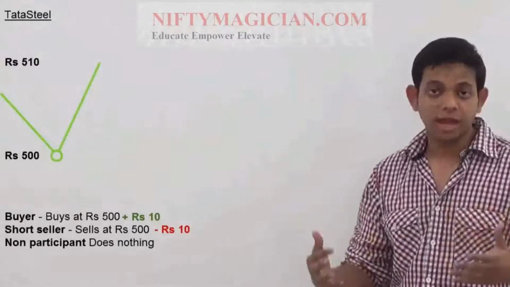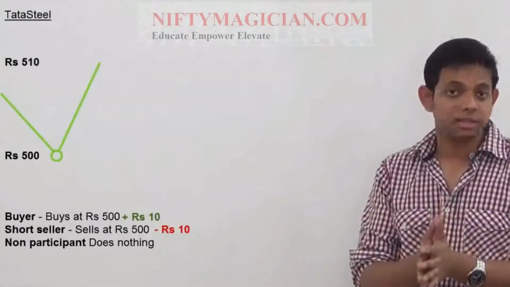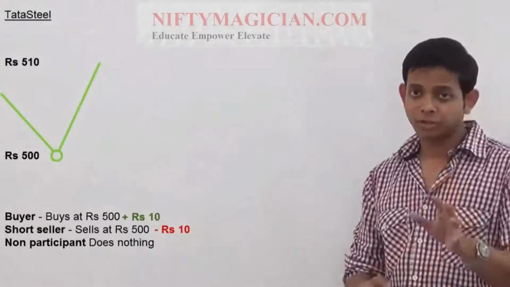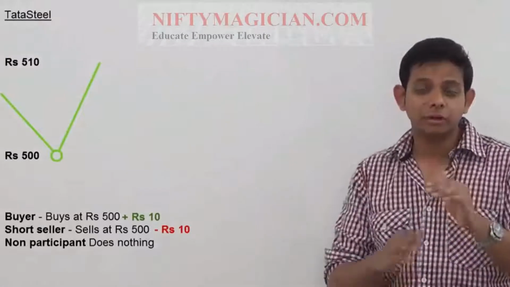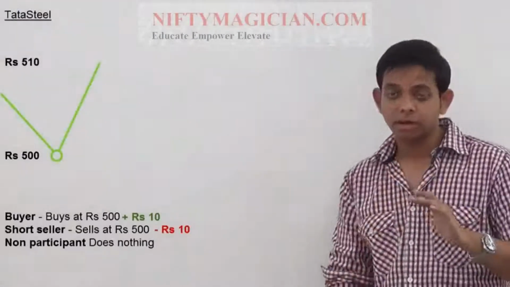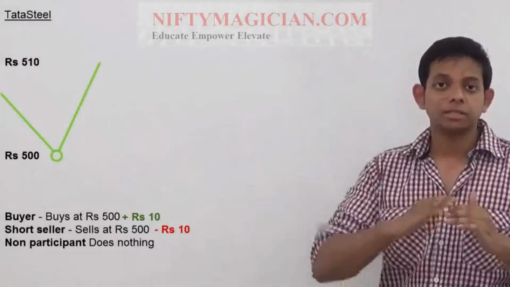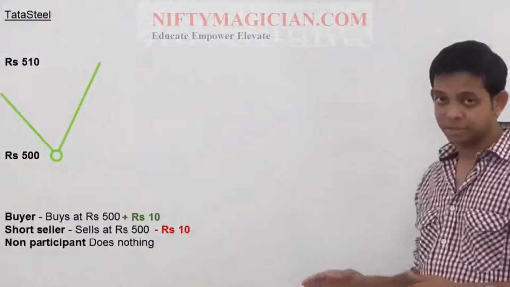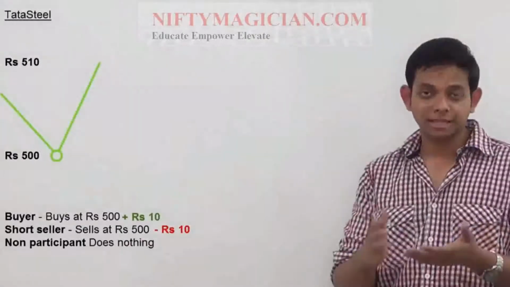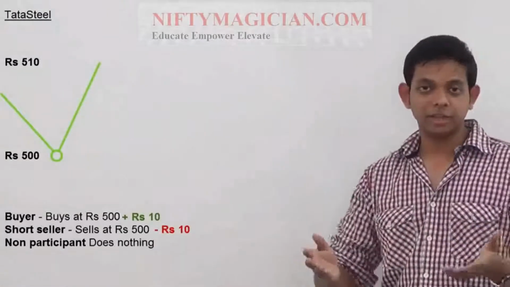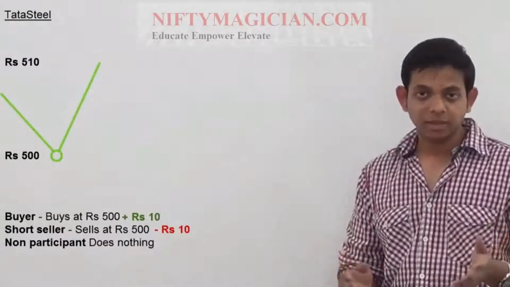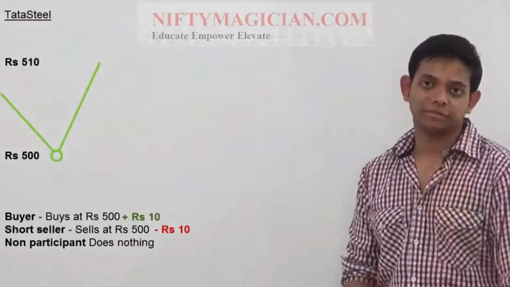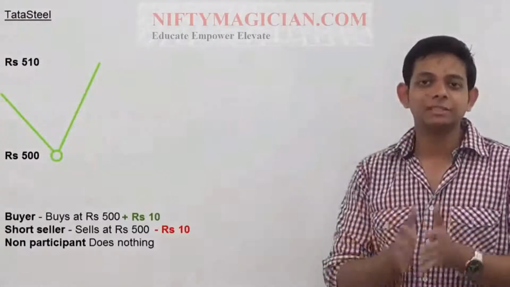He wants to exit and cut his losses down as much as he can. Remember, a short seller is a person who profits from a price fall but loses money when prices go up. So he's making a loss. The third participant, who was comparing notes and listening to CNBC probably, or any other financial channel, is thinking he should have bought at 500 and he should have listened to his instinct.